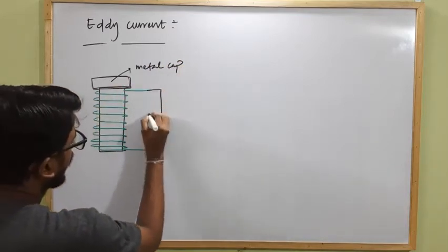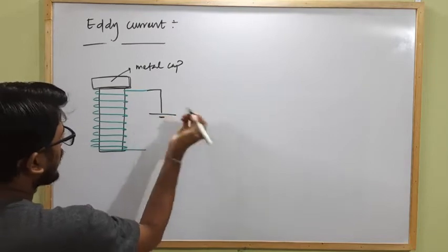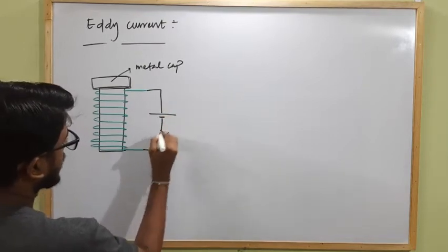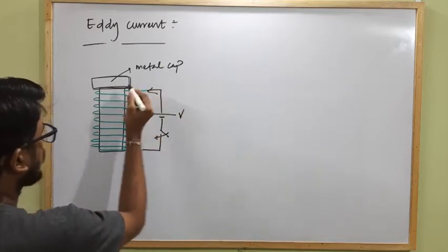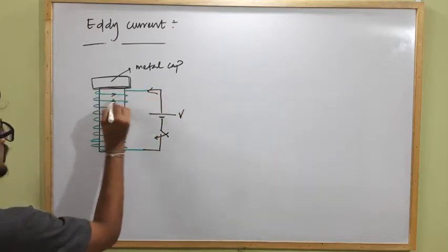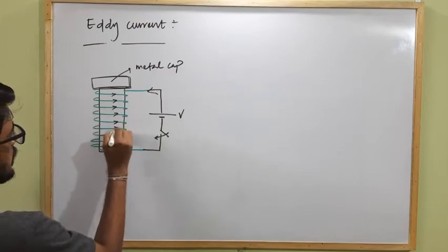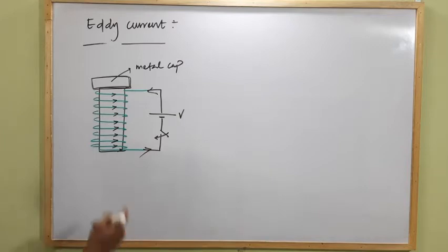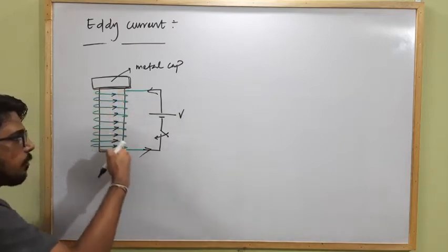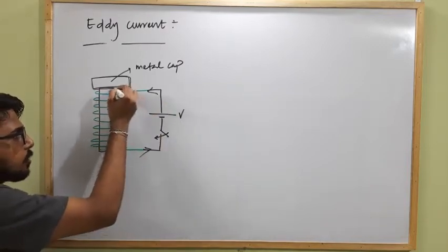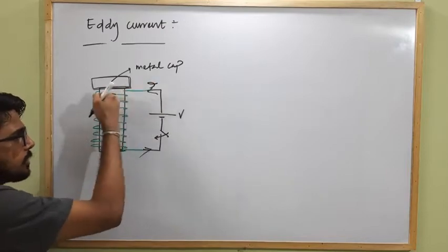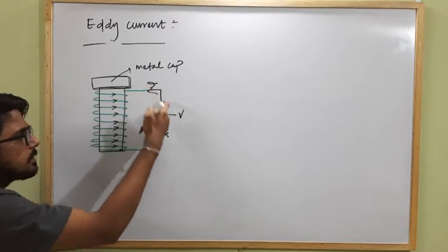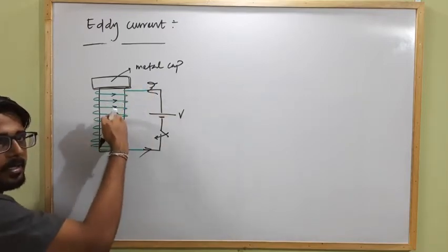So when we connect the coil with a circuit and close this key, current starts to flow through this coil like this. Initially there is no current, so there is no magnetic field.